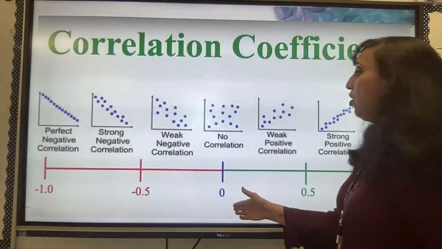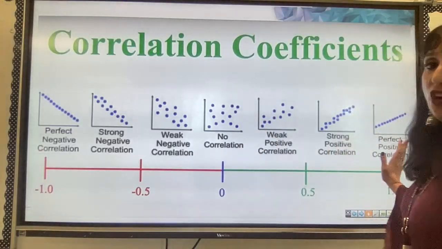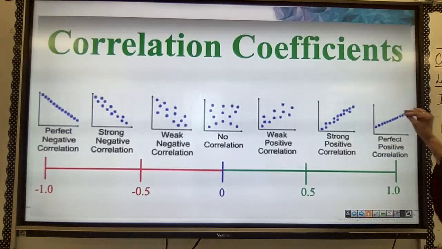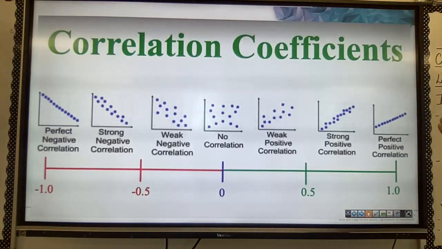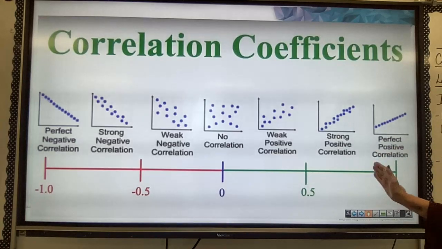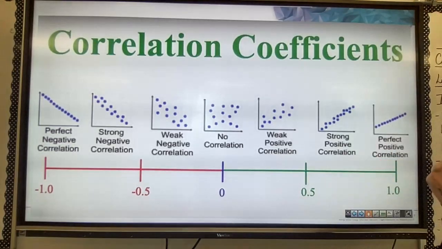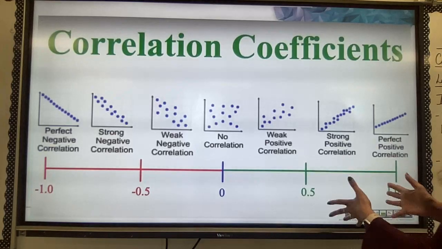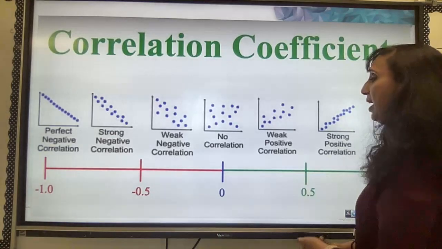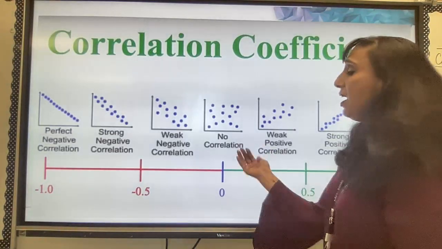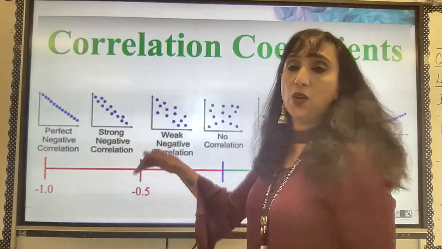When you come to 0, there's no correlation. Where you're having all the dots falling in about the same line, that's a perfect positive correlation. And anything 0.8 and higher is a very strong positive correlation. Okay, and then we have moderate, and then of course here we have weak, and then there's no correlation here, and then again the negative values go the same way.